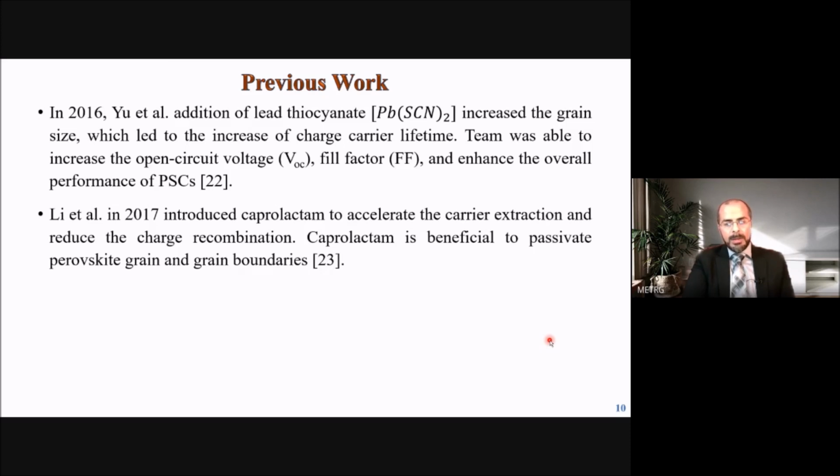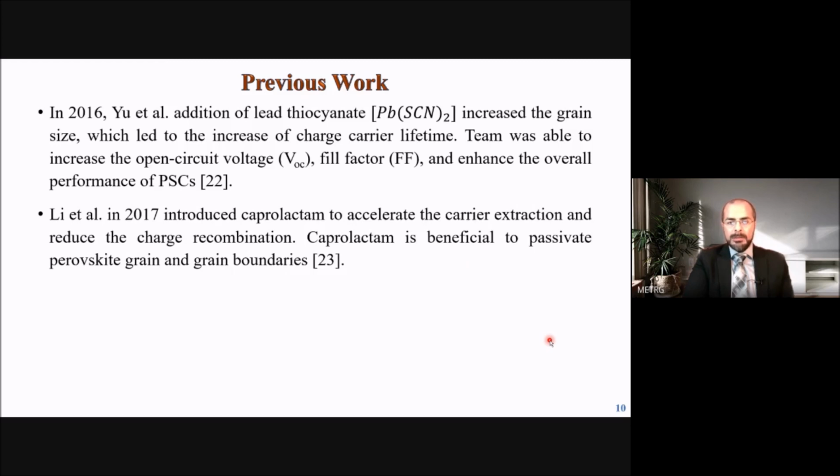Also, there was another research reported by Lee and his team about adding a Lewis-base material called caprolactam. Caprolactam has the ability to reduce the charge recombination.